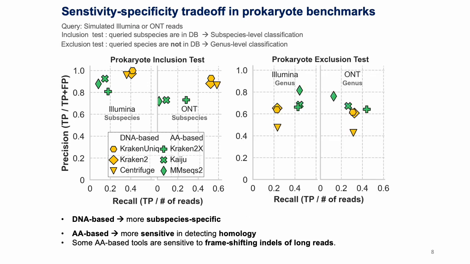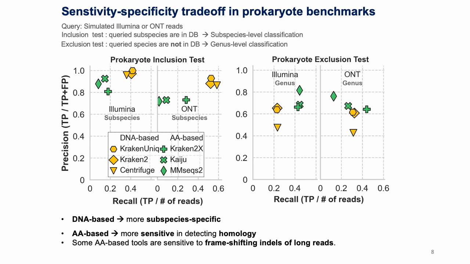And we conducted the opposite benchmark. In the exclusion test, query species are excluded from the database. So tools should make a genus level classification using the sibling species of the query species.